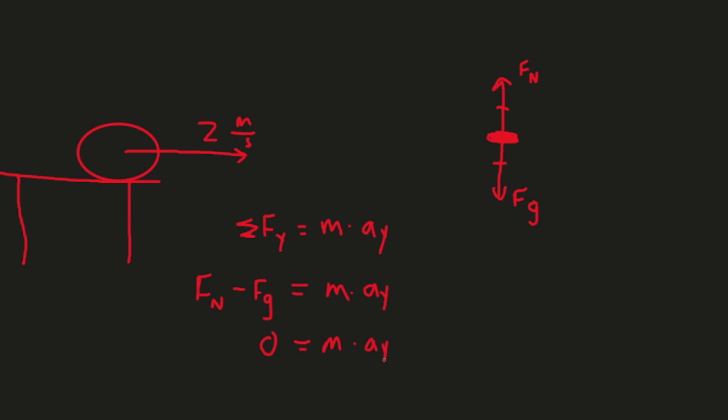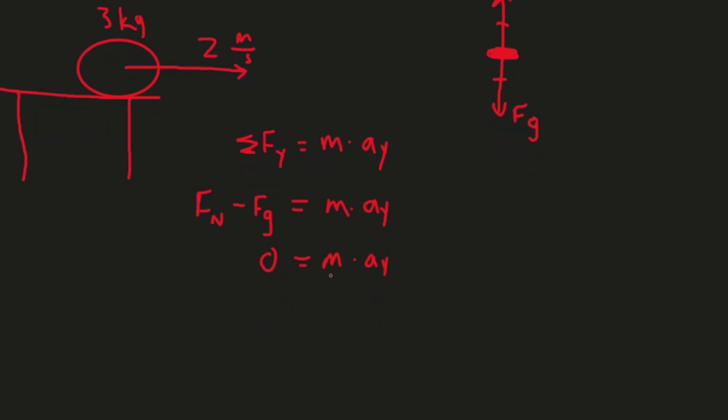The ball has a mass, so let's give it a mass of 3 kilograms as well. That means the acceleration would be 0 meters per second squared.